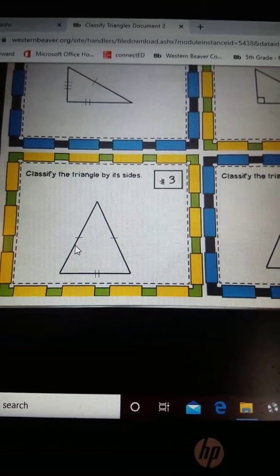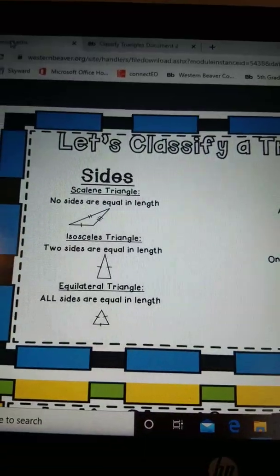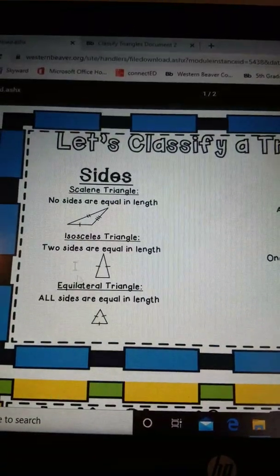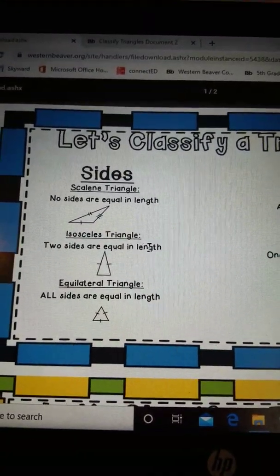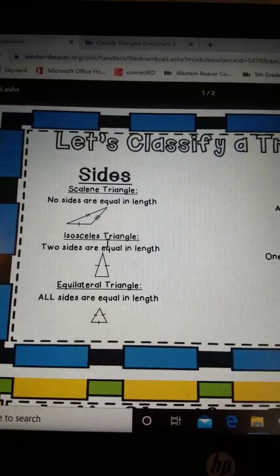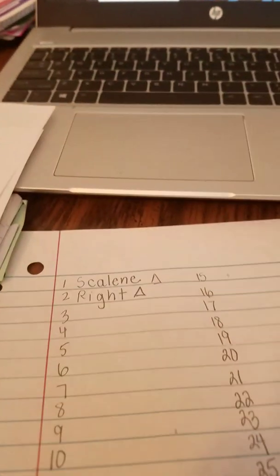So 2 of the sides are equal. You can go to 915 or you can go to our reference sheet. 2 sides are equal, isosceles triangle. Isosceles. So number 3 is isosceles triangle.